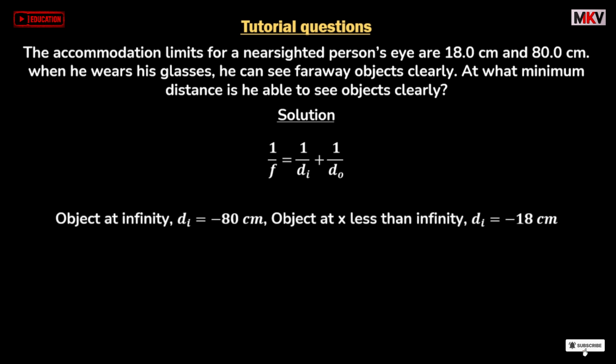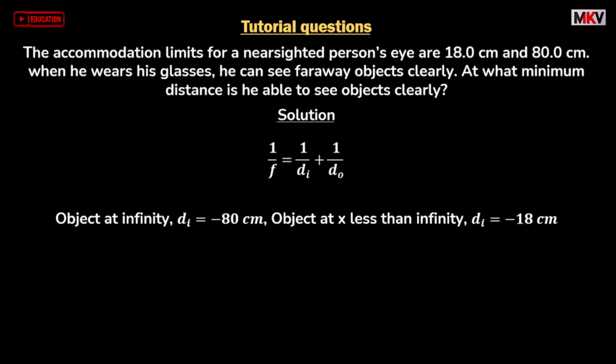We have two scenarios here. When the image is at 80 centimeters, it means the object is at infinity. And when the image is at 18 centimeters, then it means the object is at x. So now we want point x, which is our minimum object distance.